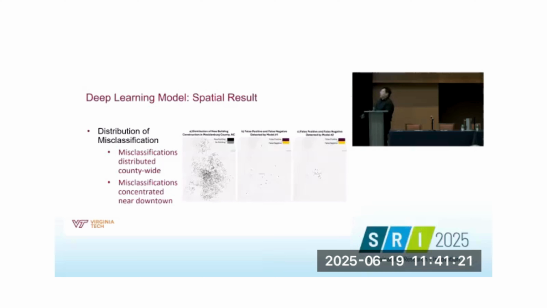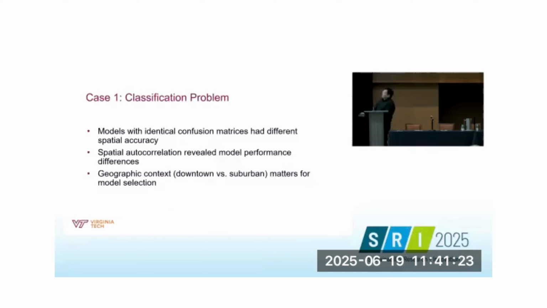This makes me really interested in this story, because the models come with identical confusion metrics. In terms of accuracy or evaluation, these two models should be identical. But in terms of spatial performance, they are very different, because one has most of the misclassification next to downtown, while the other has misclassification across the space, right?